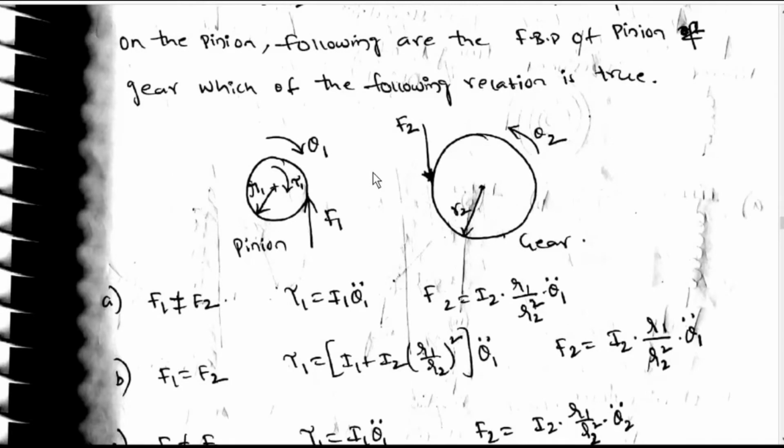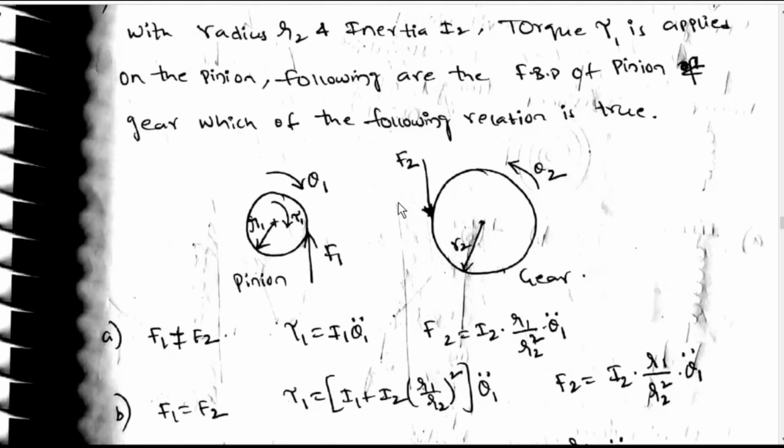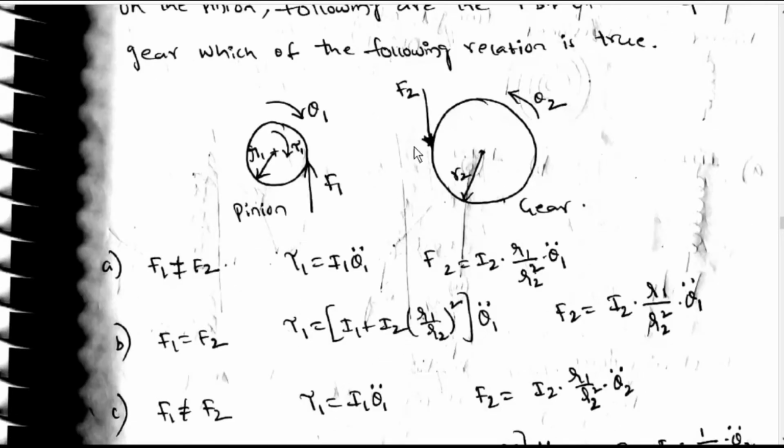Okay, this is like the previous GATE question. F1 and F2. F1 is equal to F2 as they both will be in contact.